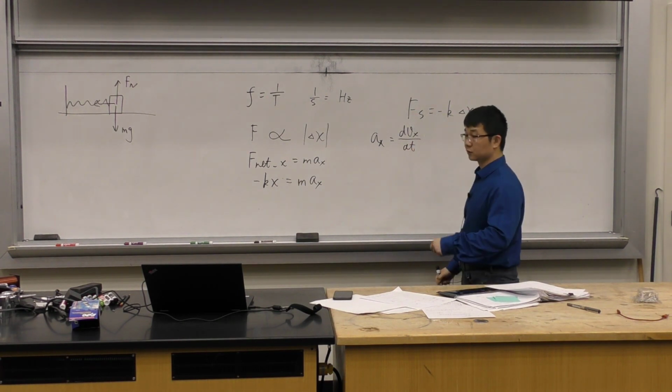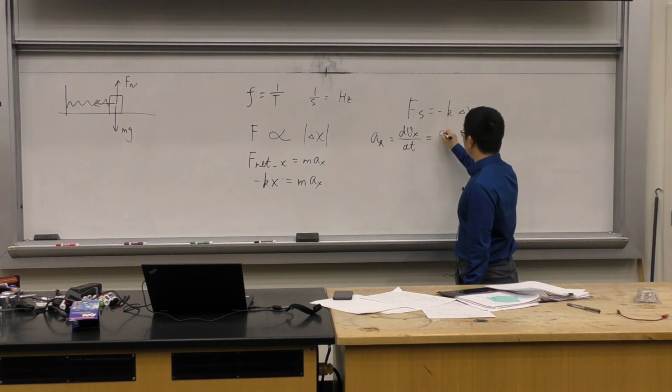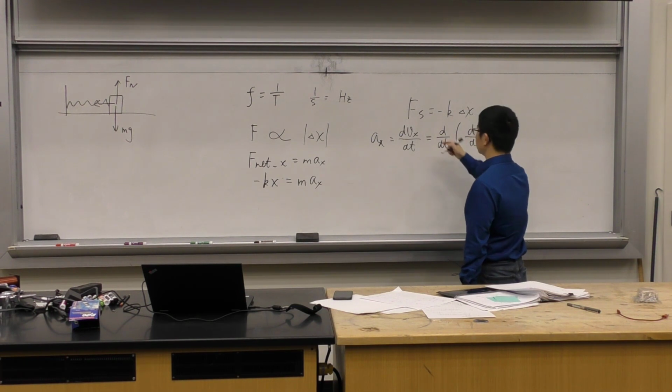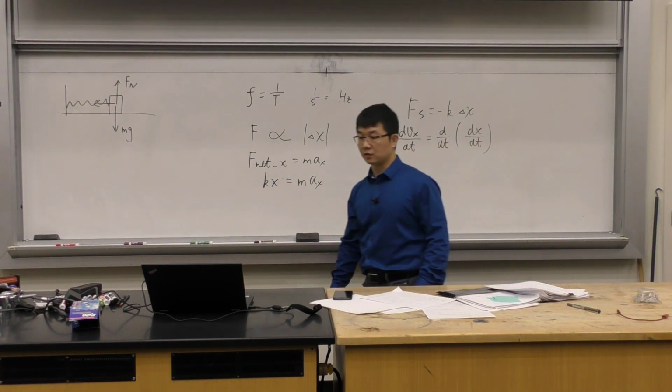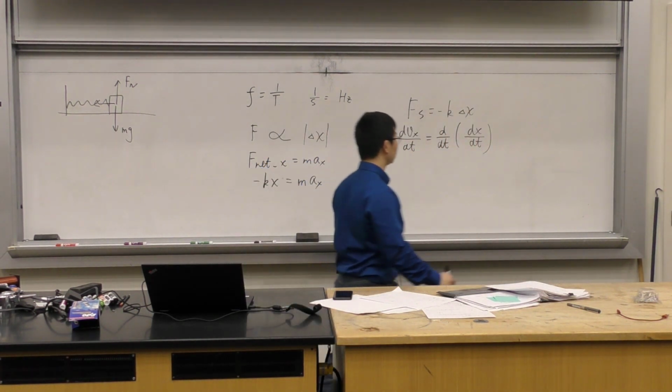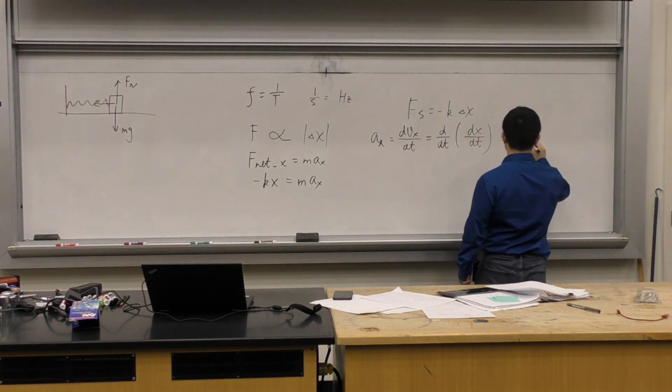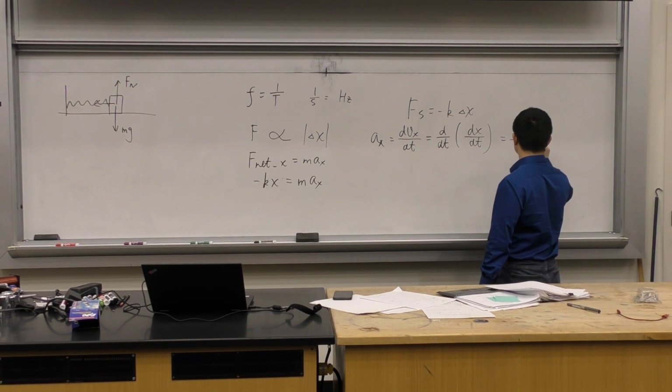Now I'm changing the delta to d, different. And then v is dx over dt, right? Because v equals changing distance divided by changing time. So this is just the second derivative of the distance with respect to time, okay?